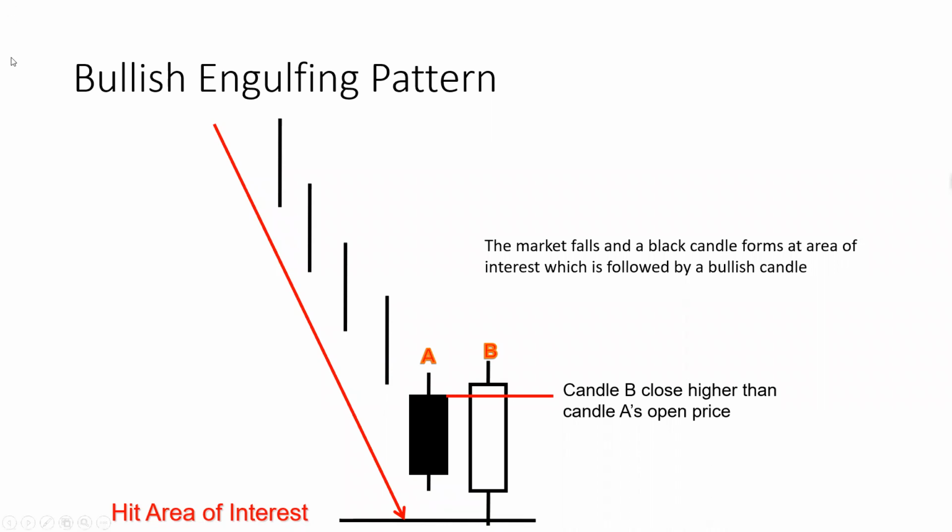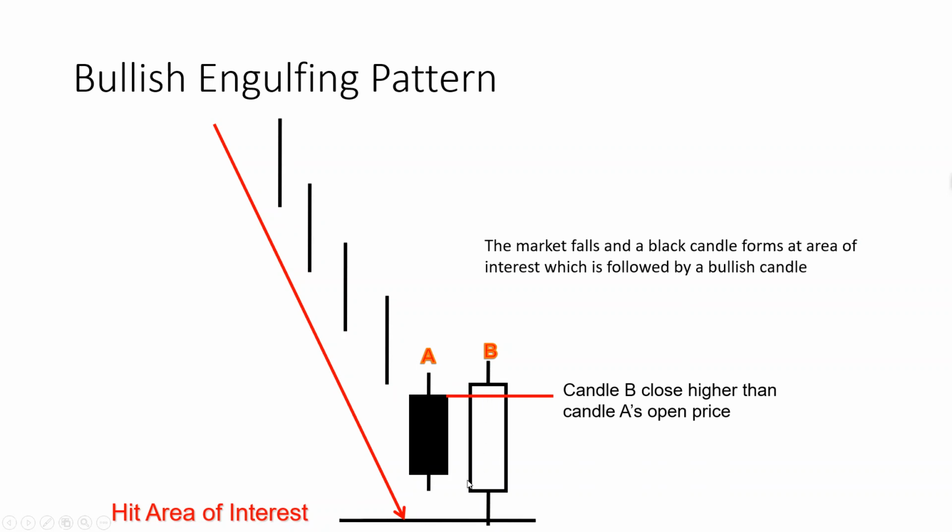So let's focus first on the bullish engulfing pattern. You have the price coming down. This is crucial: as it comes down, it can touch or come near our area, and then you have a black candle forming, followed by a white candle.